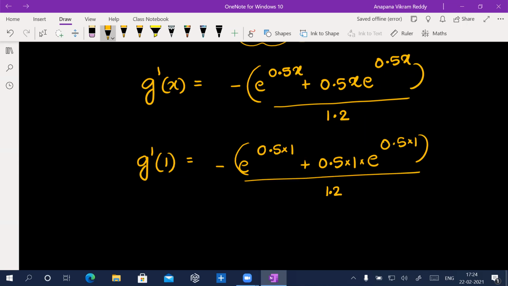In the examination, in oversight, you will forget these brackets. You know the method, everything is perfect, but you forget the brackets. You will take it like this: minus e power 0.5x plus 0.5x into e power 0.5x, gone. Right? So please mind these things. I'm telling you because of oversight.